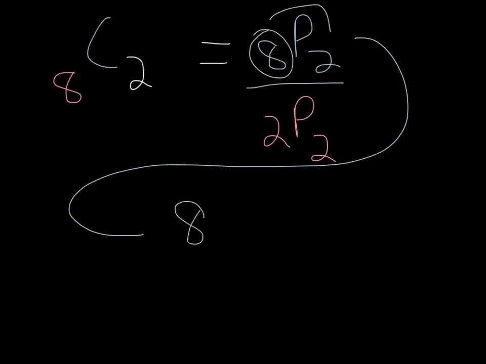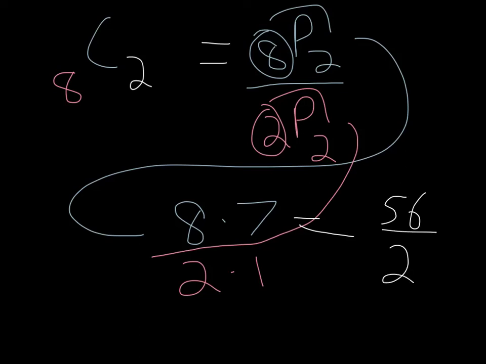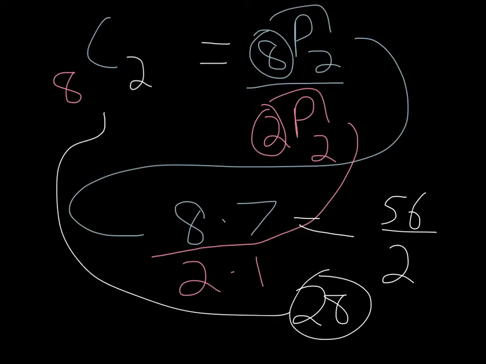How many spaces to the right am I going? 2, so it's 8 times 7. Now for this denominator, I start with 2 as my starting number, and I'm still going 2 spaces, so 2 times 1. Now let's multiply this out: 8 times 7 is 56, 2 times 1 is 2. I simplify, and that gives me 28. So there's 28 combinations when I do 8C2.